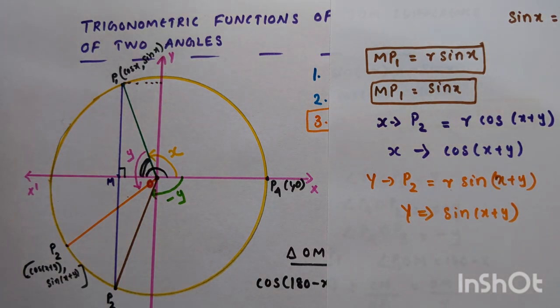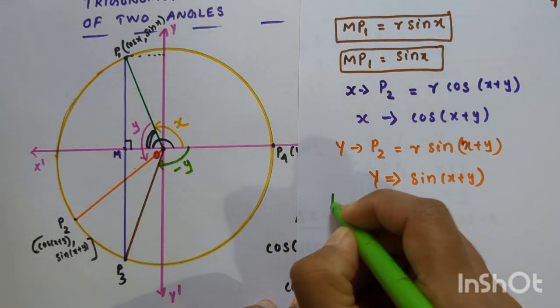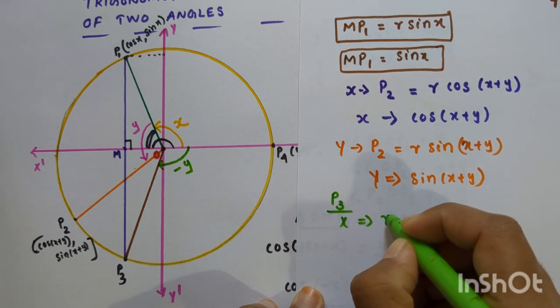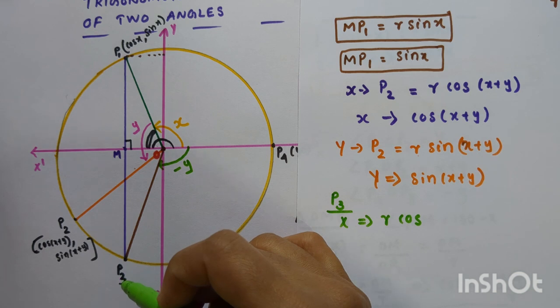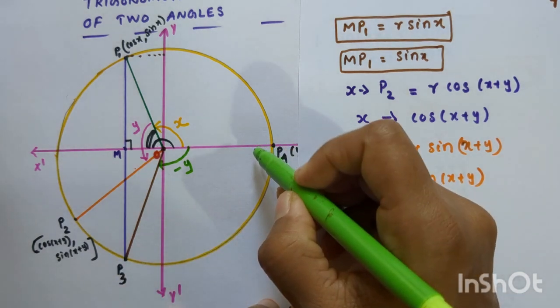Similarly, when you consider this point P3, this also will have one x coordinate as well as one y coordinate. I am considering the point P3. The x coordinate will be equal to radius times the cos of the angle made by this point P3 with the positive direction of the x-axis.